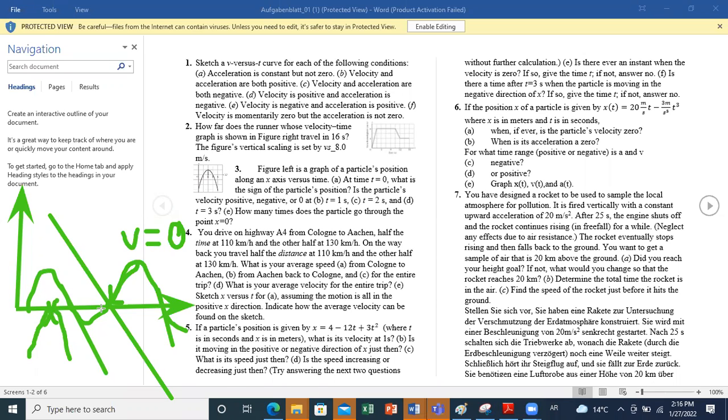And the velocity at this point is also 0 because I am intersecting the axis. So this is an example where at this point I will have V equals 0 and A equals 0.